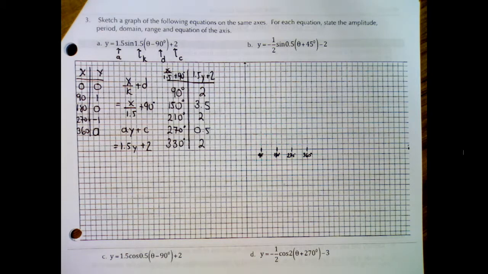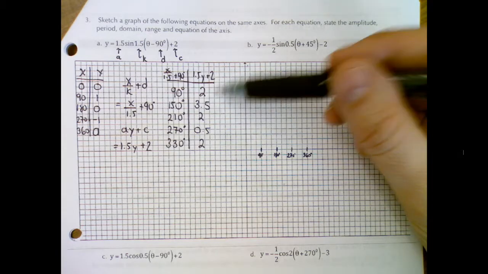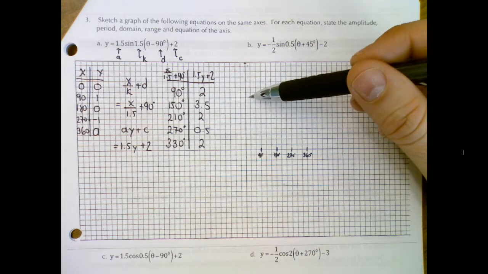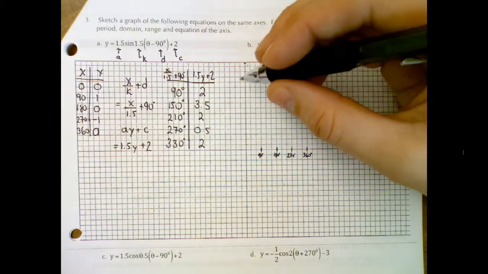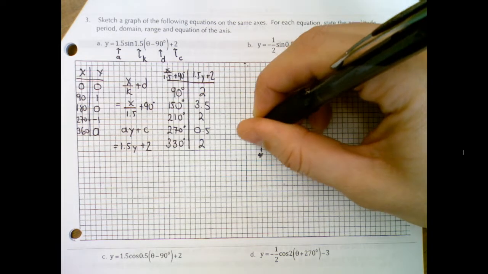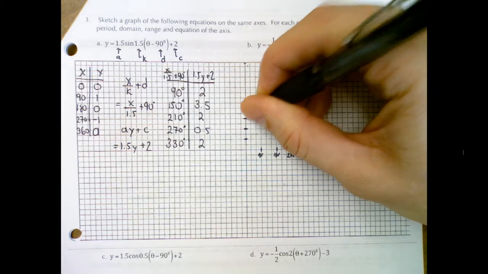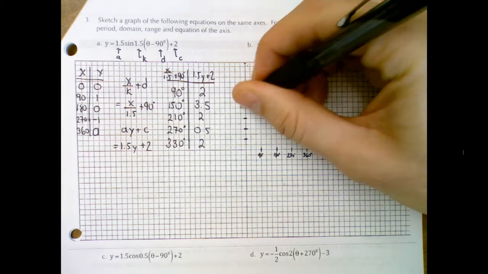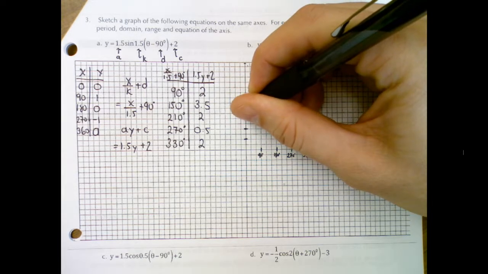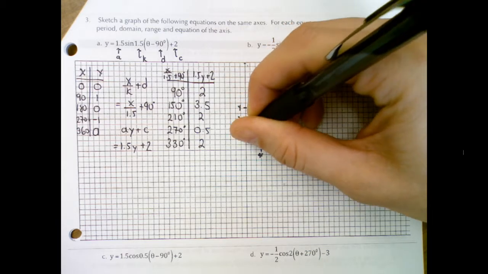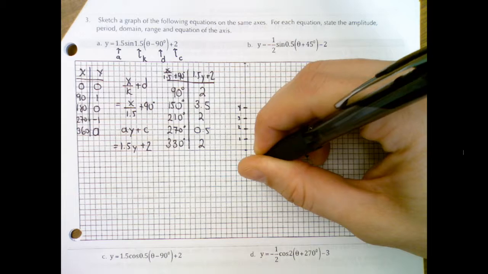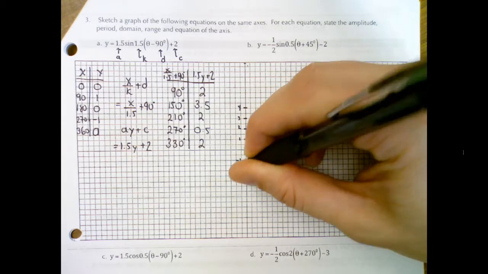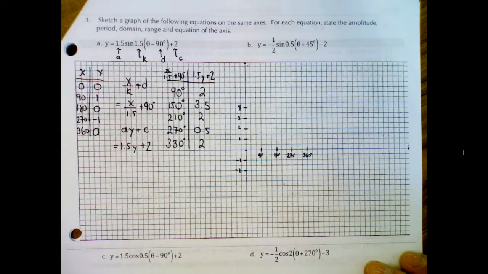The maximum is 4 or 3.5, so we're going to go up to about 4. For the other graph, we have to actually go down a little bit more, so I'm just going to do 0.5s for my scale. So 1, 2, 3, 4, 3, 2, 1. There's my 0, so that would be -1, -2. And that should be enough for you to get both graphs on there if you try to do B.